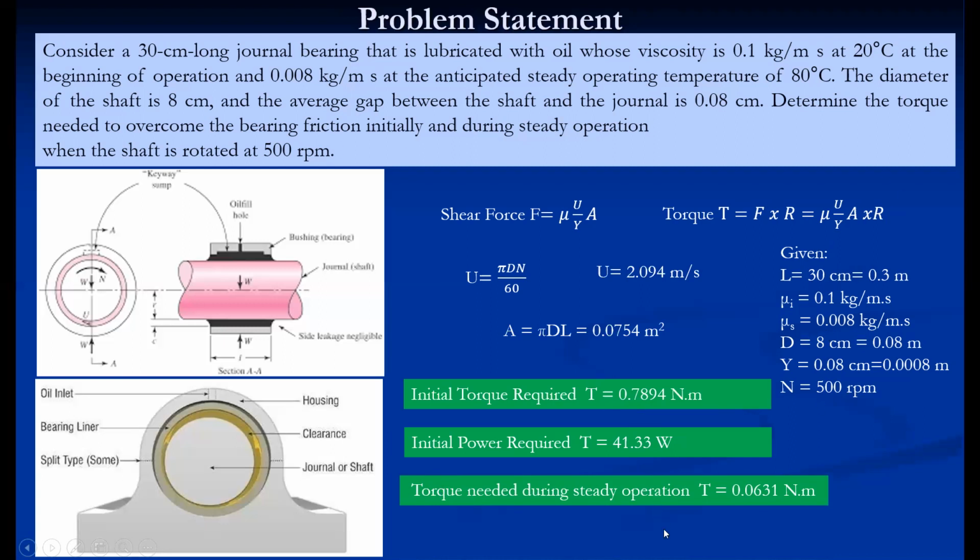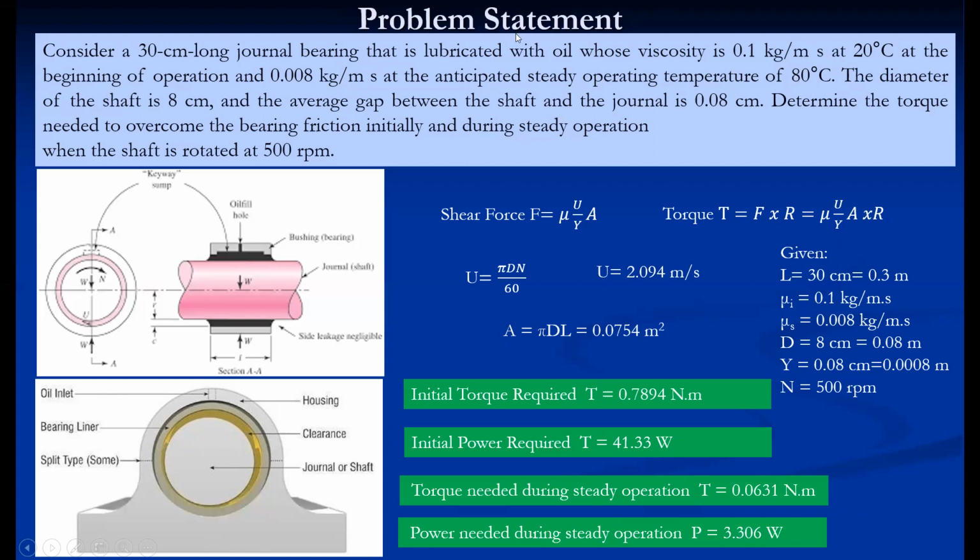Other parameters remain the same. And the power needed, again using this torque, you can calculate with the power formula 2 pi NT by 60. So during steady state, the power requirement is reduced drastically because of the reduction in viscosity, but there is a drawback. If the oil becomes thin, there is a possibility of metal to metal contact and more wear and tear, and that's why the temperature increases.